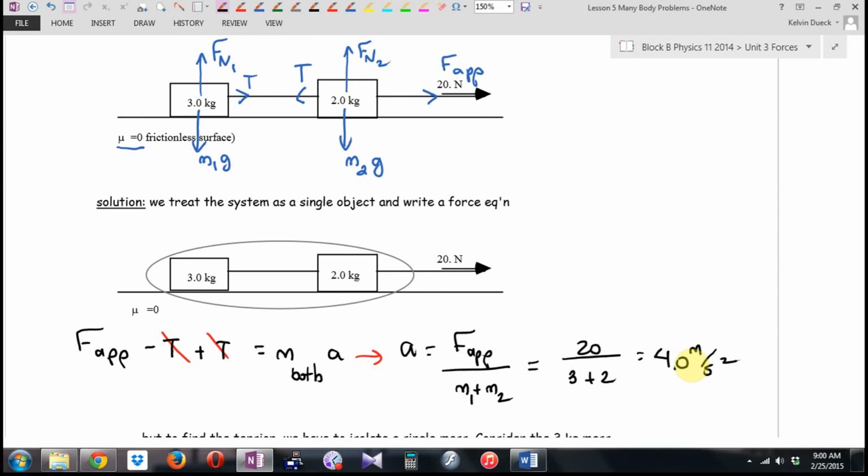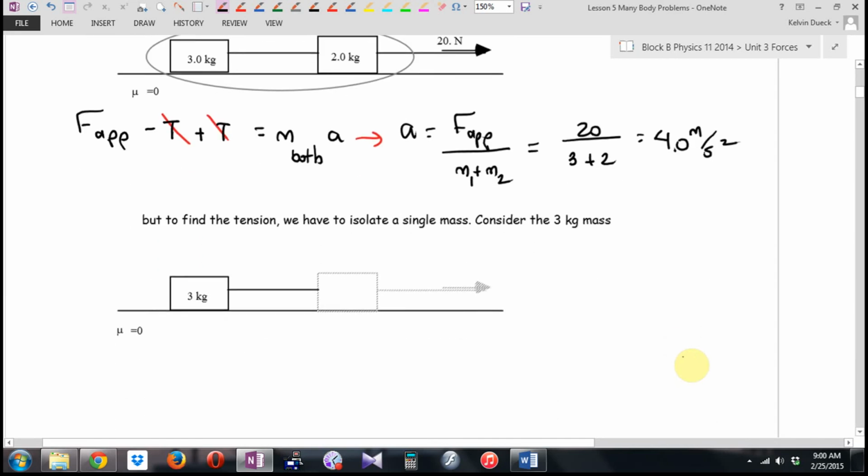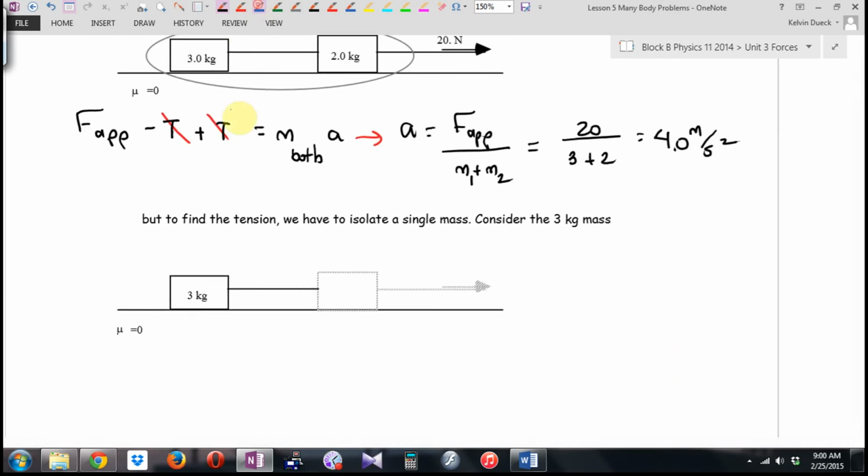So to find the tension, we look at a single mass. Consider the 3 kilogram mass. Remember, the forces were M1G, normal force 1, and tension. Is that right? That's what we had on the 3 kilogram mass. Let's write an equation only for that mass. Ignore everything else.